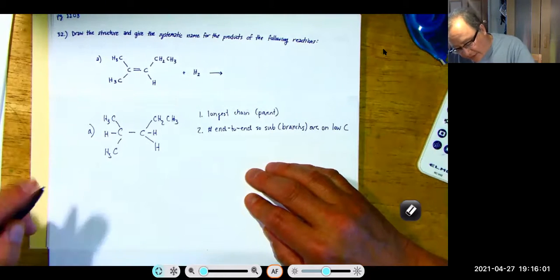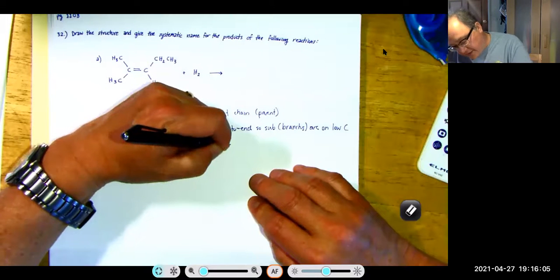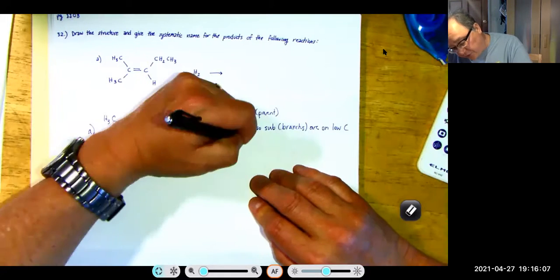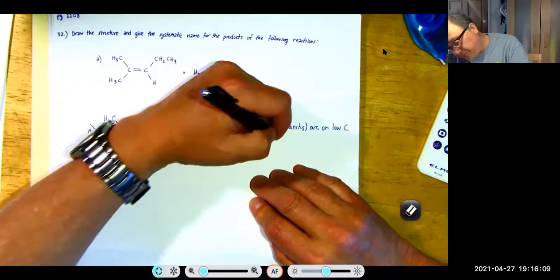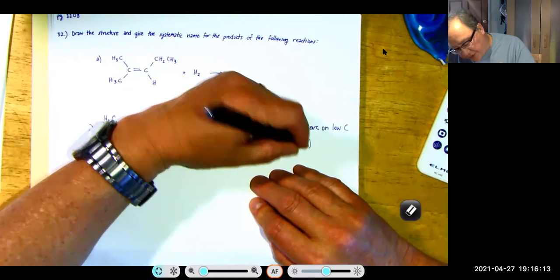And then you identify and locate the branches, which are also called substituents. And then you put it all together.